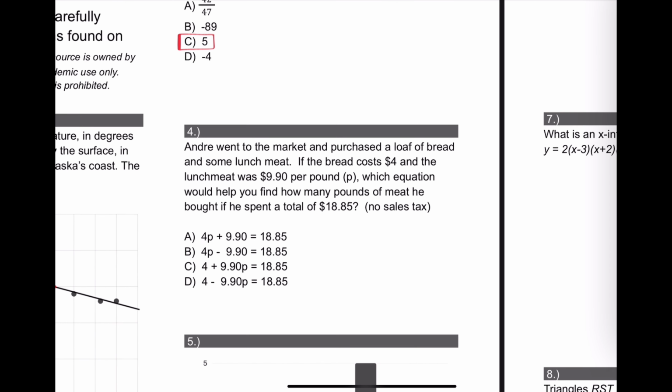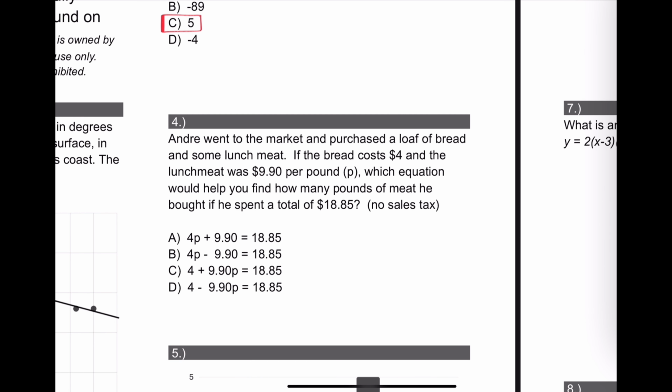Moving on. Number 4, Andre went to the market and purchased a loaf of bread and some lunch meat. If the bread cost $4 and the lunch meat was $9.90 per pound, which equation would help you find how many pounds of meat he bought if he spent a total of $18.85? We're not actually solving anything here, just writing an equation.